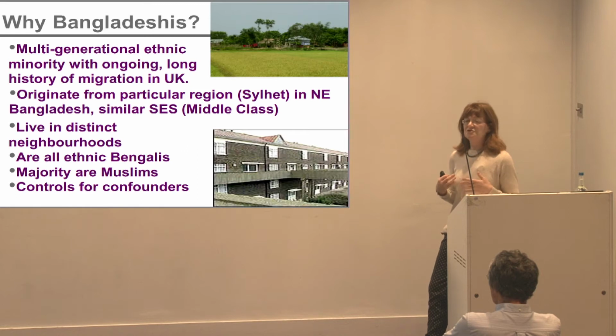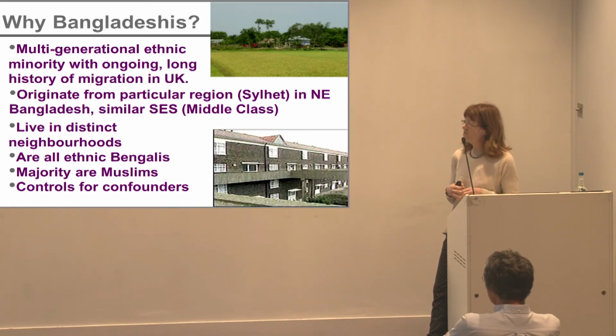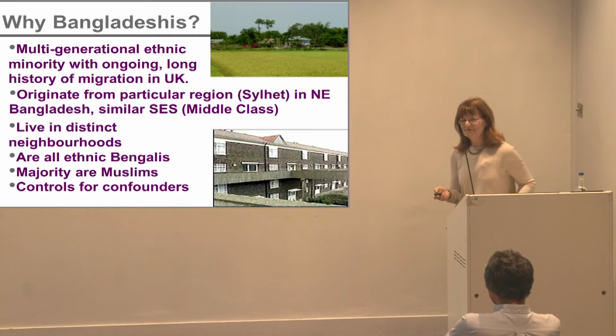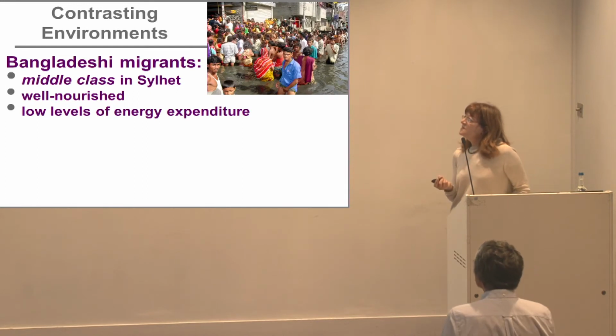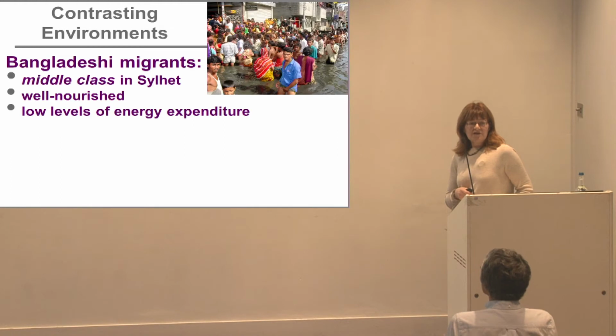In terms of controlling for cultural aspects, the majority of Bangladeshi migrants in Britain are Muslims. And so you've got lots of nice confounders that you don't have to worry about in doing your analyses. I mean, you do have to worry about a lot, but some you at least control for in some way or another.